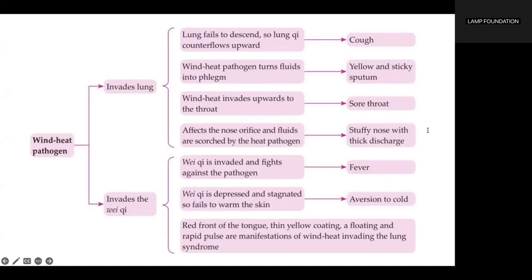This pattern is mainly caused by the exterior wind heat pathogen, which invades the wei qi level of the lung system. Exposure to climatic factors or to bacteria, viruses, allergens, and so on that have wind heat dynamic. There may be an underlying lung qi deficiency, which makes it easier for exogenous pathogenic qi to invade the body.